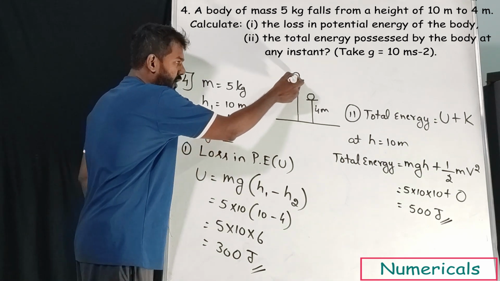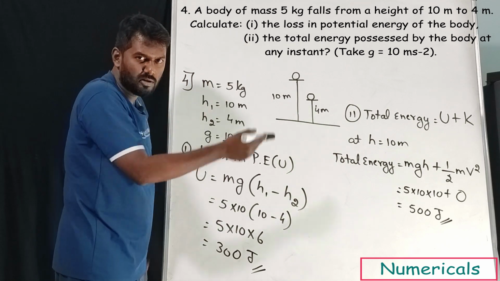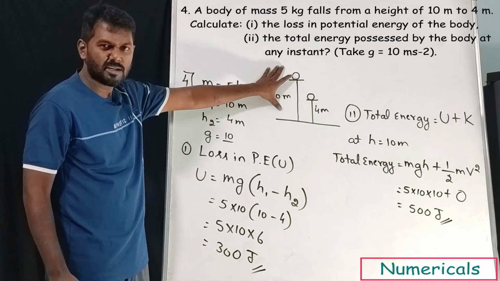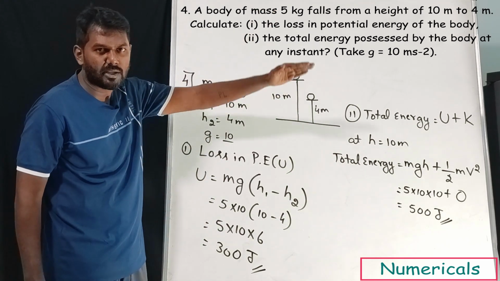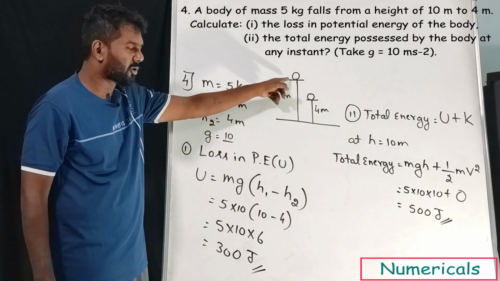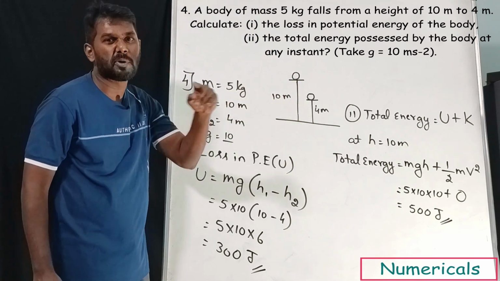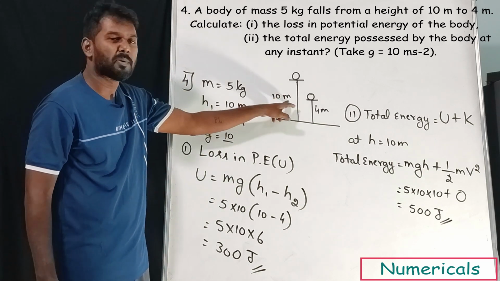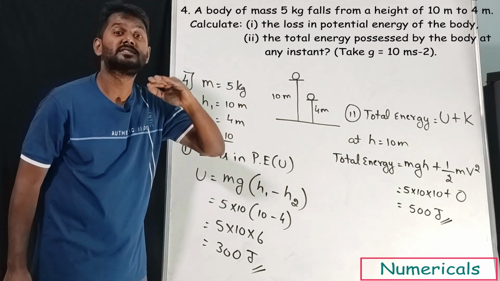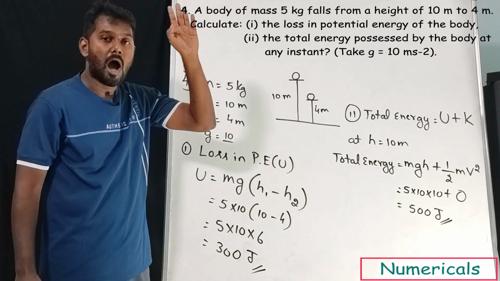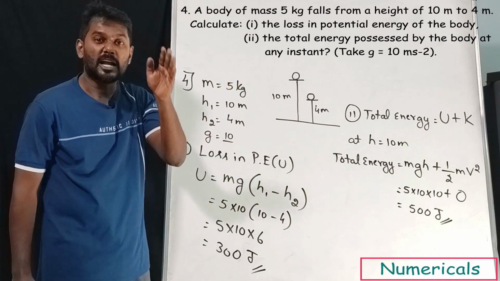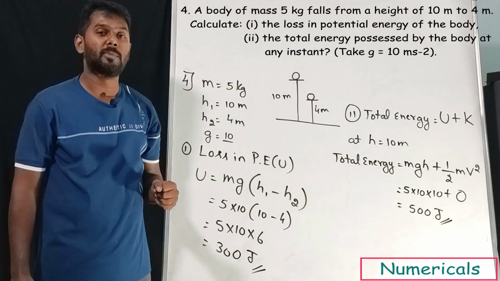Listen, as the ball falls down, the maximum potential energy will keep on decreasing, correct? When it is falling down, the speed increases, correct? If the speed is increasing, kinetic energy will keep on increasing. How much potential energy is lost, that much kinetic energy will be gained.